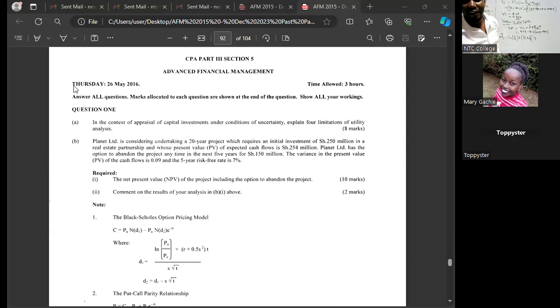You're being told that the period is 20 years, which requires an initial investment of 250. That is IO in a real estate partnership and whose present value PV. Present value tulisema ni nini? Present value ni?